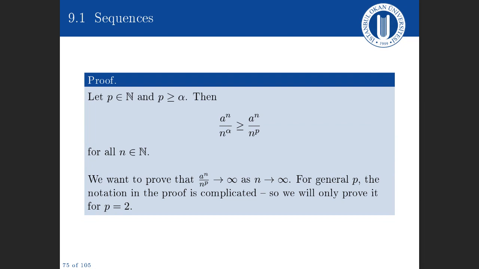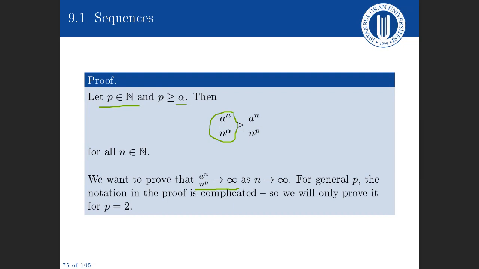Now, the calculation is actually quite complicated to prove this for any number, so I'm going to simplify this a little bit. First, instead of looking at alpha, let's look at a natural number, p. I want to prove that a to the power n over n to the power p converges to infinity as n tends to infinity, and then if that's true, the bigger one, a to the power n over n to the power alpha, would also tend to infinity.